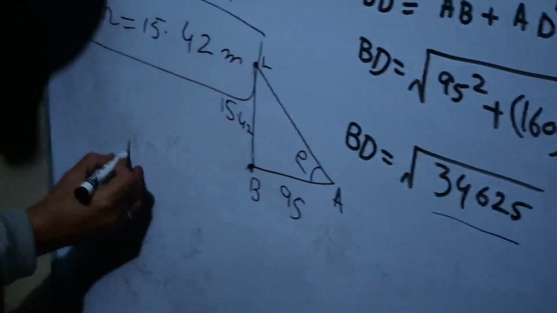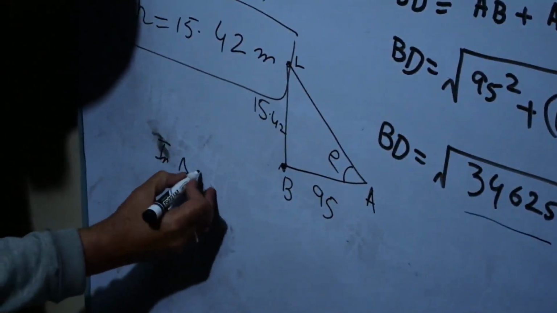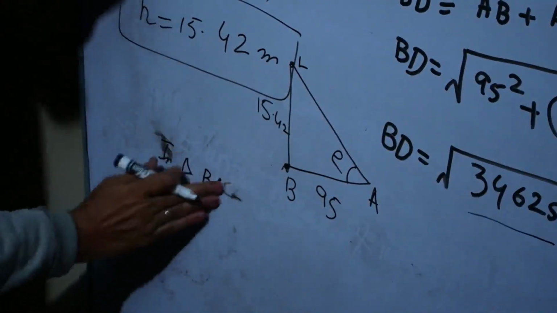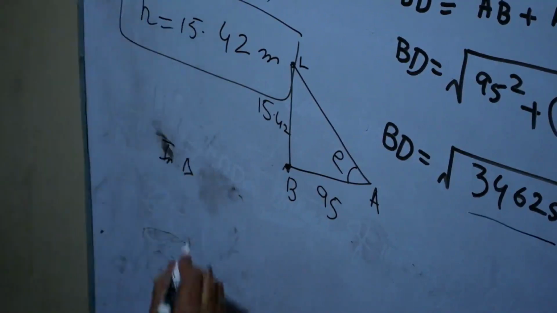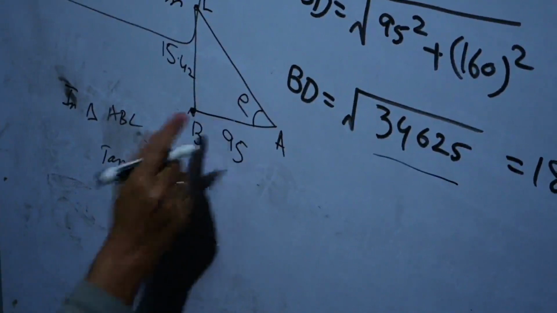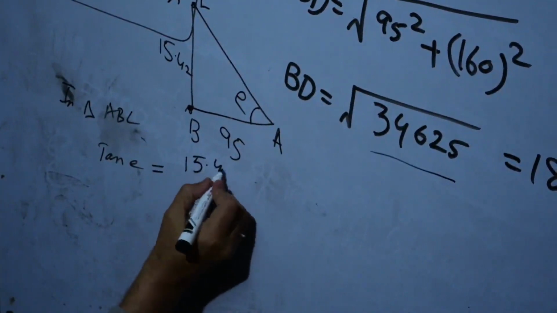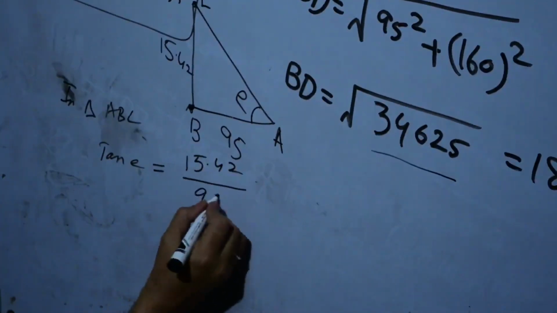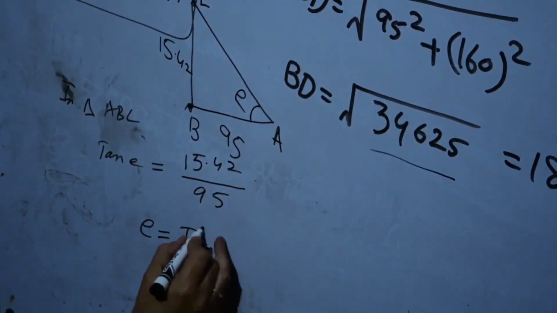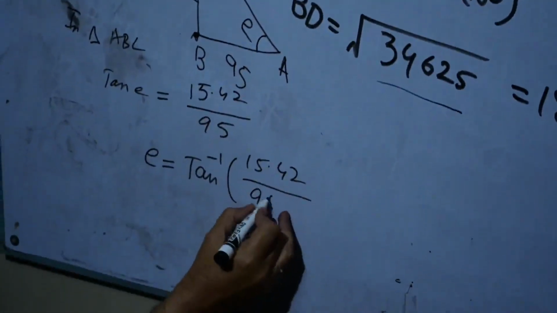Again, tangent E, I write it, in triangle ABL. In triangle ABL, tangent E, this angle of elevation, is equal to perpendicular, which is 15.42, divided by 95. So E comes out to be tangent inverse of 15.42 over 95.